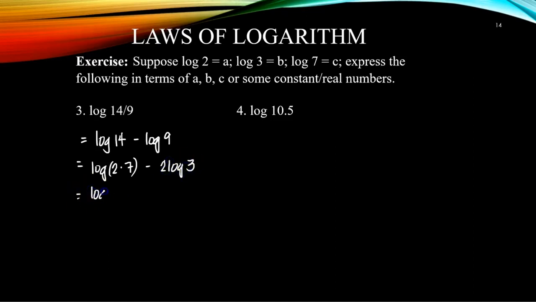So this one is log 2 plus log 7 minus 2 log 3. And then let's express each. This one is equal to a. Logarithm of 7 is c. And then 2 logarithm of 3, so that's 2b. You understand? Okay.